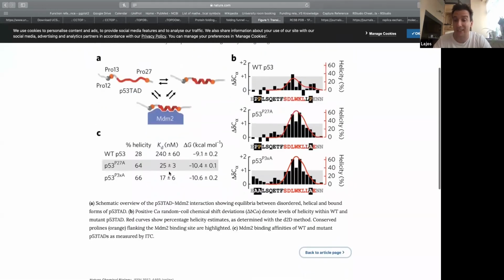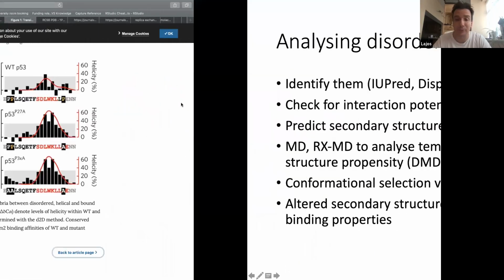And this actually has physiological consequences, just increasing from 30% to 60%. It means that you are doubling the helical propensity, doubling the amount of short regions that are ready to interact with MDM2. So it's like doubling the amount of protein in terms of the interaction here. So you are actually shifting the equilibrium with this.